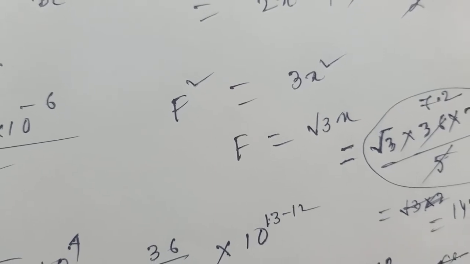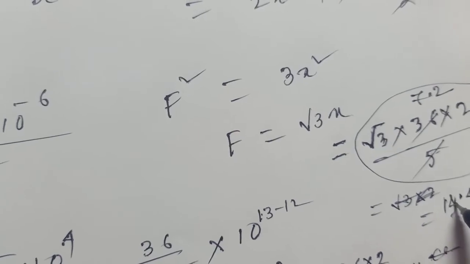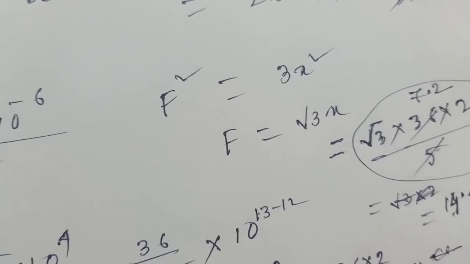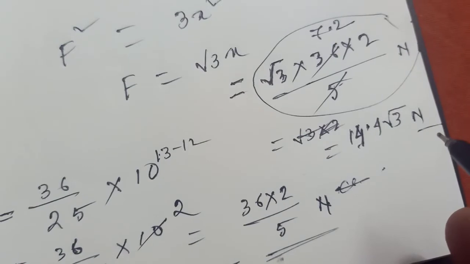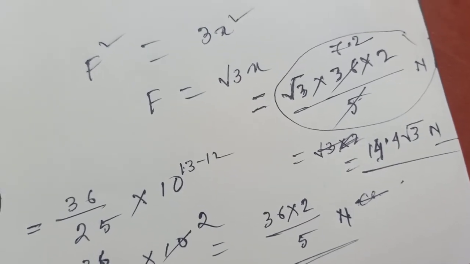Or we can also simplify it, root 3 equal to 1.732, and multiply it with 14.4, we get a number. So that is 14.4 into root 3 Newton, and you calculate it.